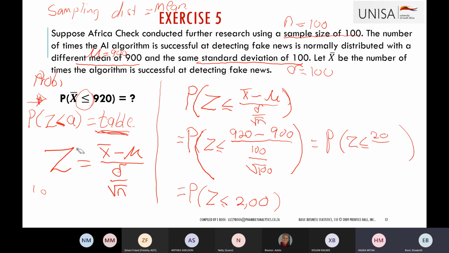Okay, so fine, the standard error is 10. So 20 divided by 10 gives us 2.00. And then we go to the table.